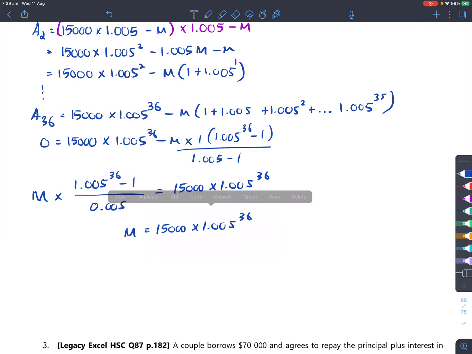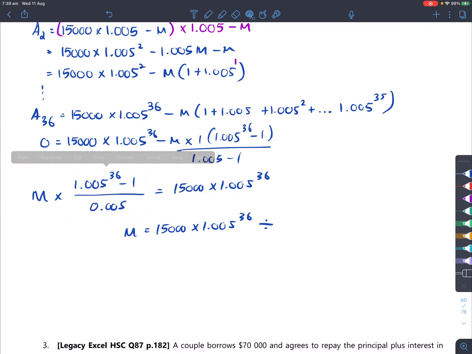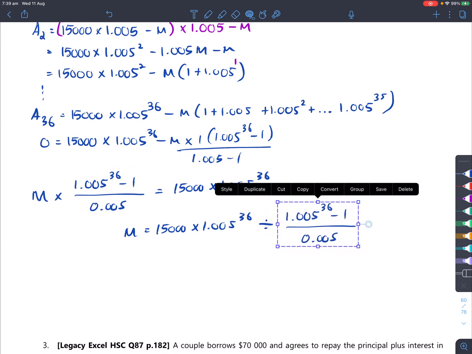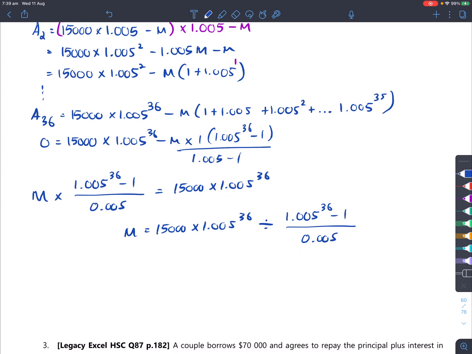But we're going to divide by this. Okay? And then on our calculators, the monthly repayment is going to be $456 and about 32.9 cents, which roughly speaking to the nearest cent will be $456 and 33 cents.